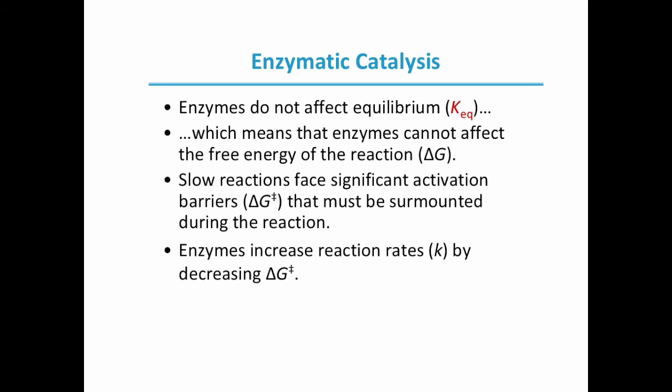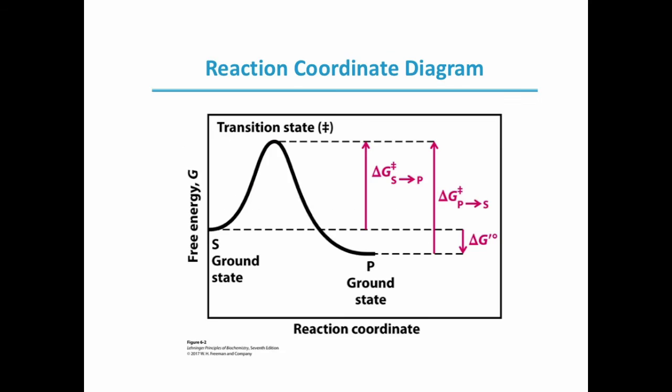What they can change is the activation energy for the reaction. So slow reactions face significant activation barriers, and enzymes speed up the reactions by decreasing this. And the delta G for the activation barrier is referred to as delta G with this symbol.